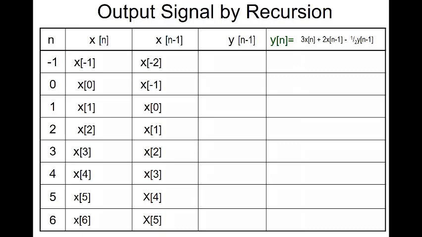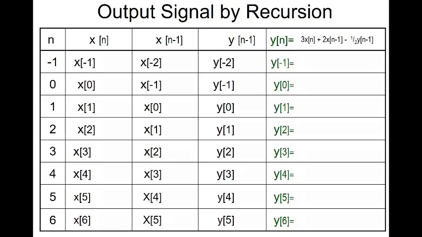Shifted it all down one. And I'm going to compute at n equals 0, y of 0. If I'm keeping track of y of n minus 1, again, I'm going to be one index different from that. So these are the values I'll put in each of these places.